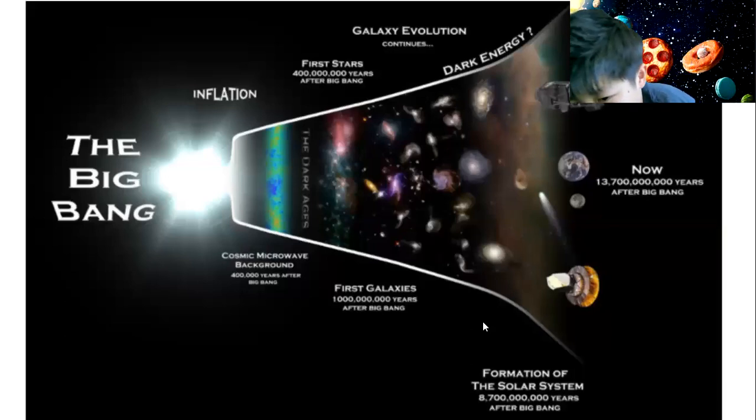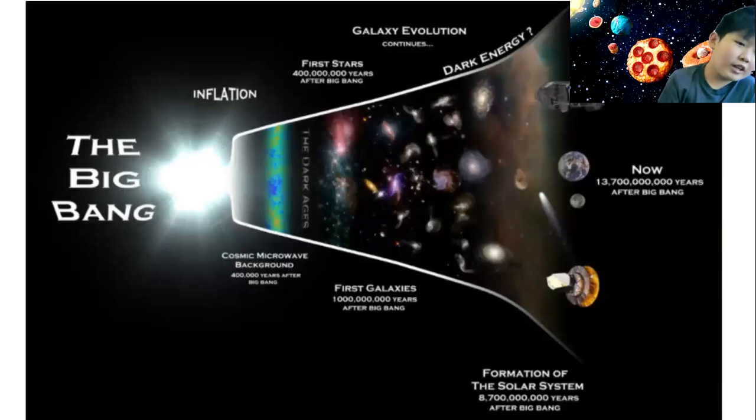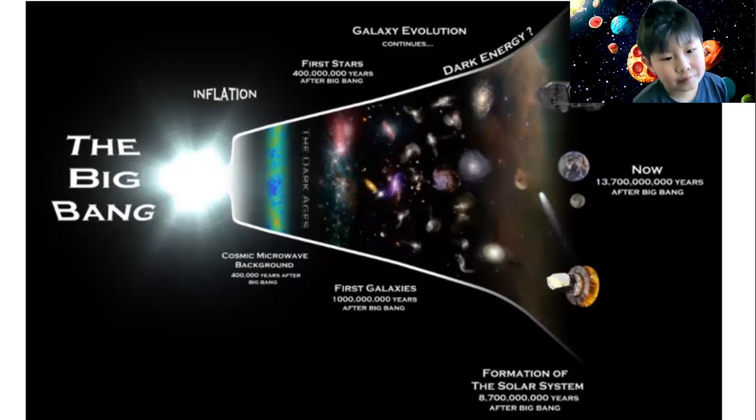Okay, back to this. Right? So, after inflation, there's a cosmic microwave background that's formed. The Dark Ages. The first stars formed, and then the first galaxy formed after that.